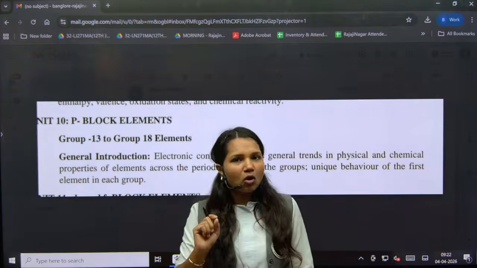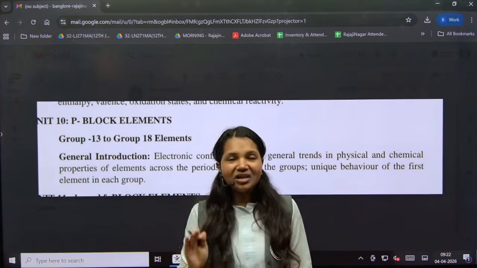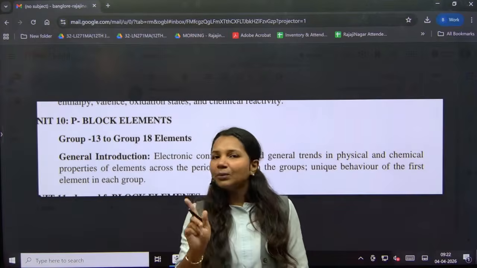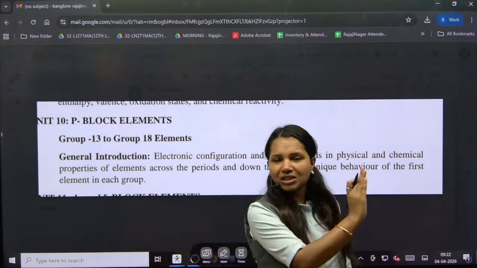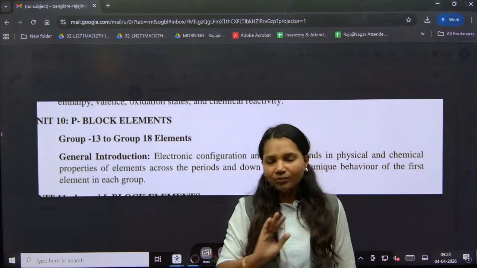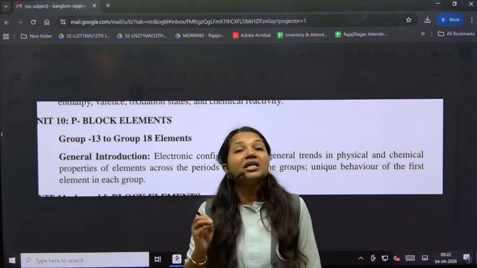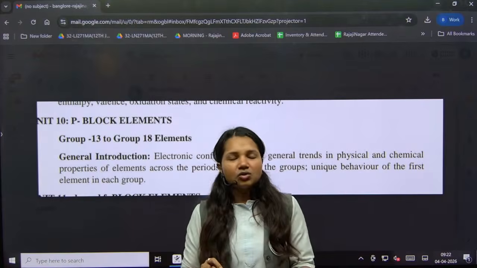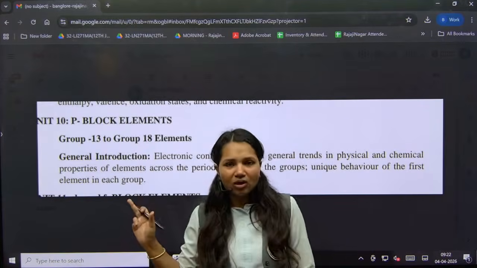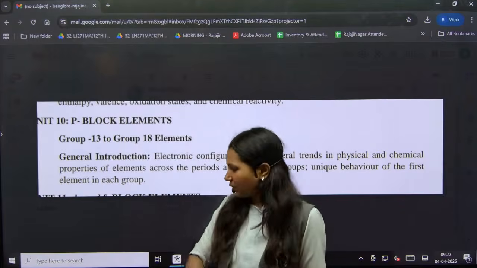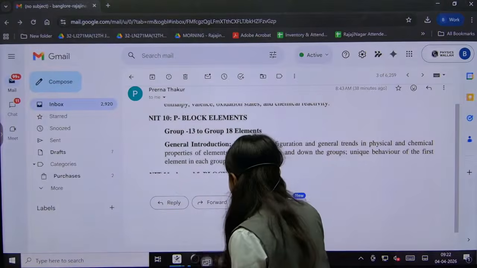So in P block, from group number 13 to 18, we have to stick with just the general physical and chemical properties across the period and down the group. Then the unique behavior of the first element of each group. These two things we have to focus on, and accordingly we have to revise this chapter.